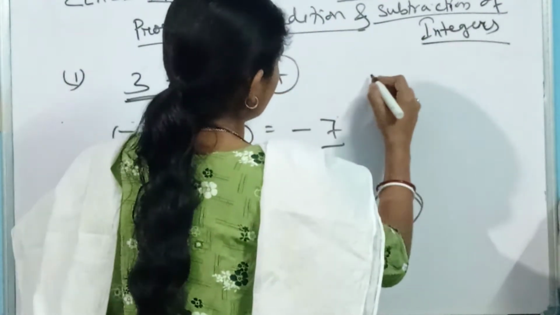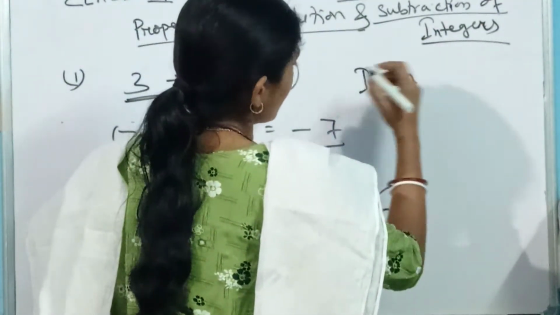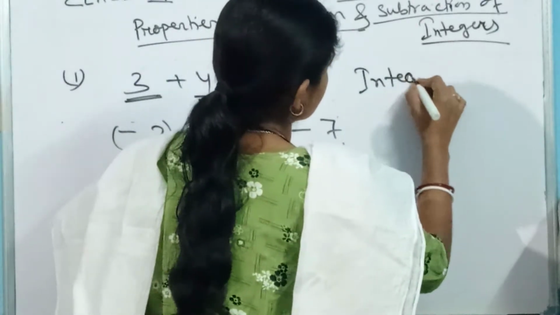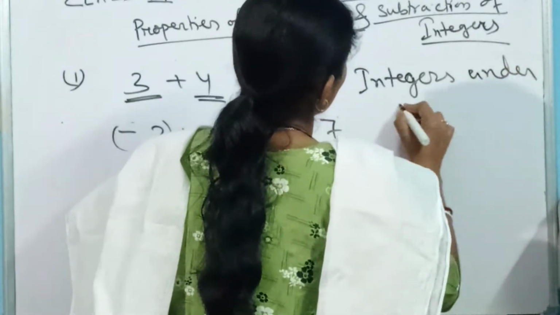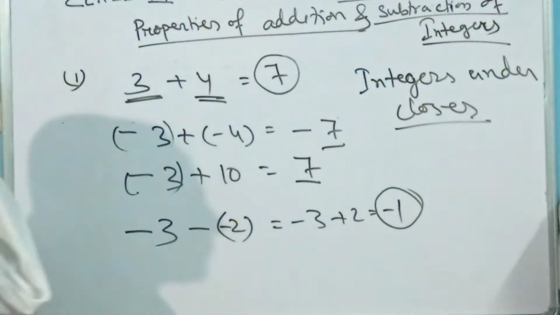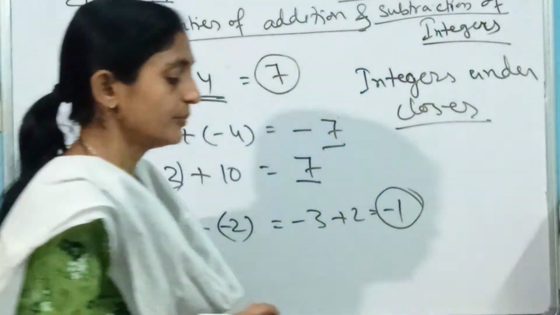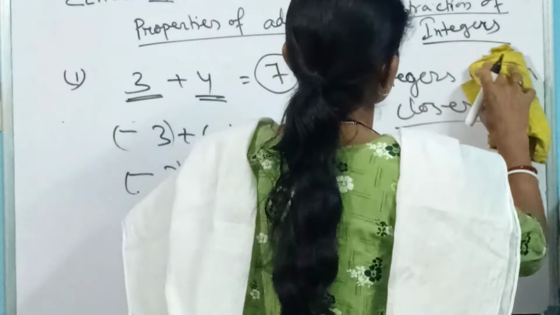So under property we can write integers come under closure. Or you can say that integers are closed.